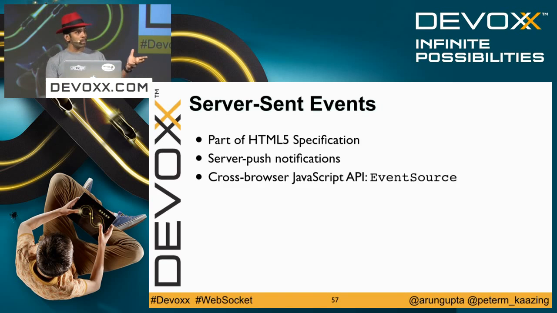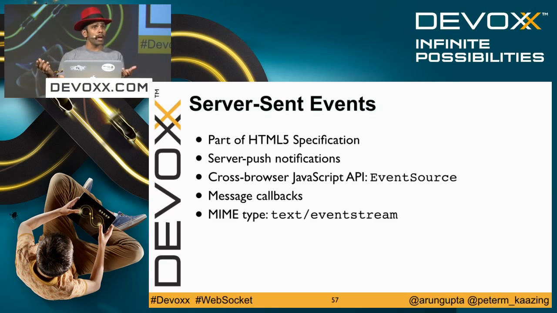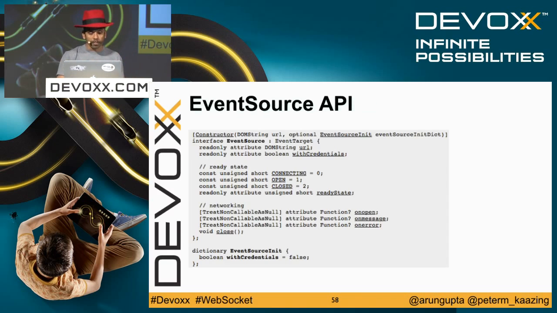Just like WebSocket, there is a JavaScript API, which is called EventSource on the client side. So you just say new EventSource, and you're listening to an endpoint which is generating events using a particular MIME type. That maps very well to the REST endpoint paradigm. You have a REST endpoint which is generating events using the text/event-stream media type. And on the client side, you have the EventSource API, where you're listening to that endpoint and retrieving the results.